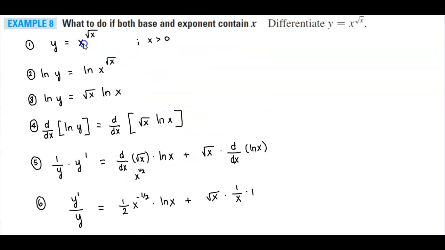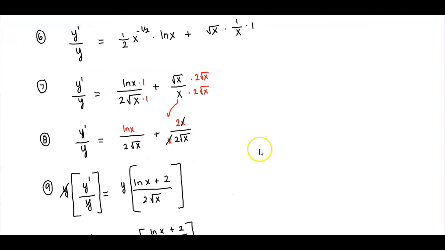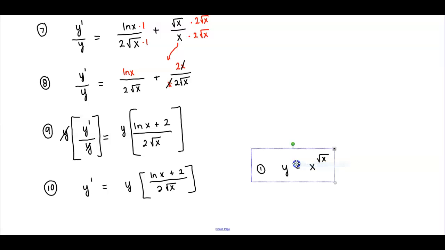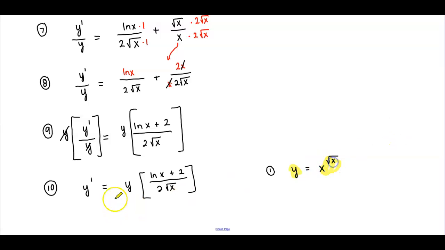And let's go back to the beginning. What do we know that y is equal to here? Well, we know that y is equal to x to the power of the square root of x. So we're going to replace that y here.